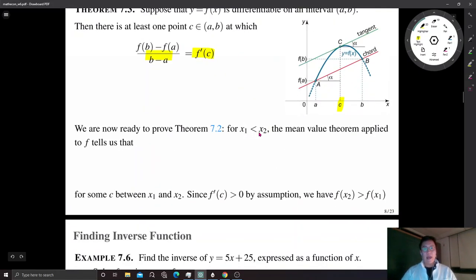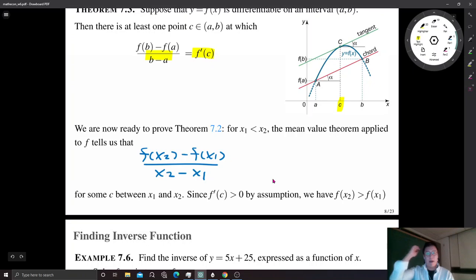So whenever x2 is higher than x1, the mean value theorem applied to f tells us about the rate of change between x1 and x2, that is going to be this one.